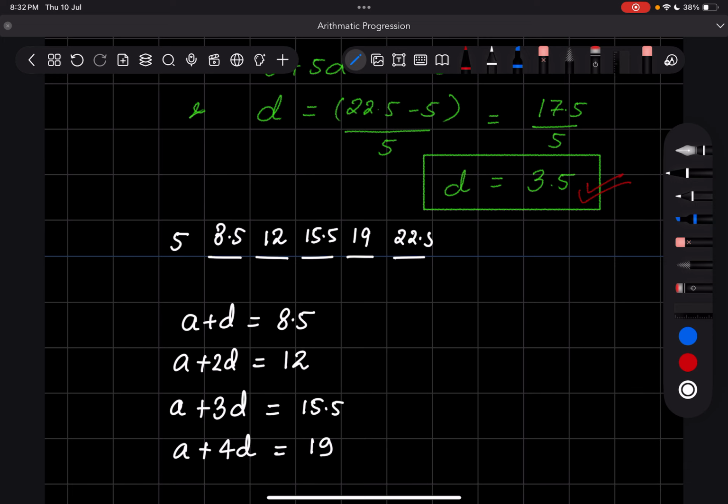Now to check whether we have solved this equation correctly or not, what we have to do is add 3.5 to 19 and check for our answer to be equal to 22.5, and that we can see is the right answer.